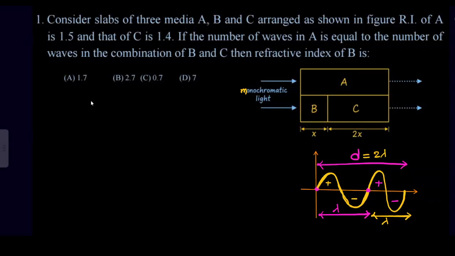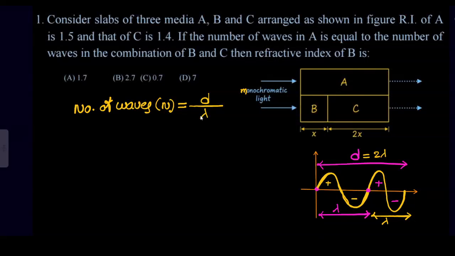D is 2 lambda. So if I call the number of waves n, it is the total distance by lambda. Understood how the formula developed? So number of waves means total distance divided by wavelength.